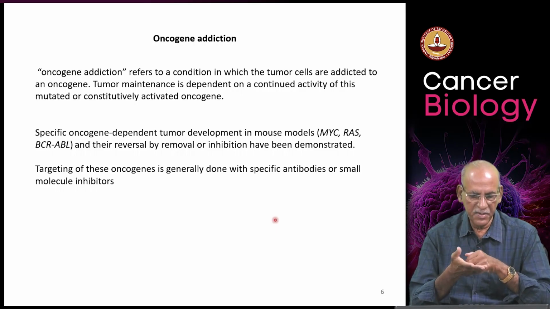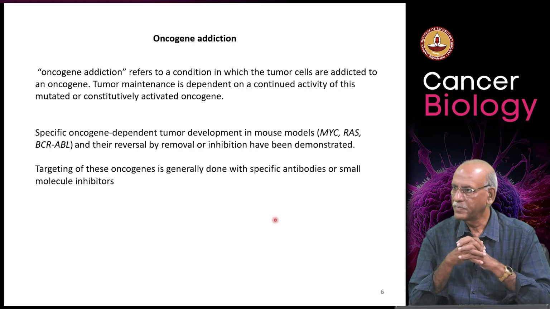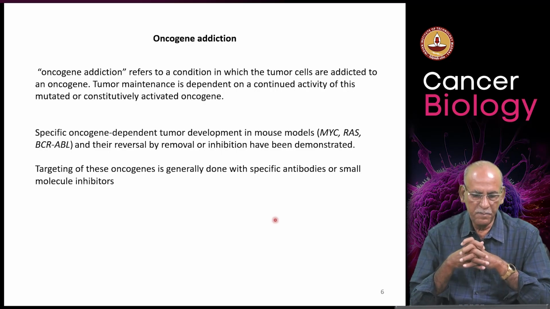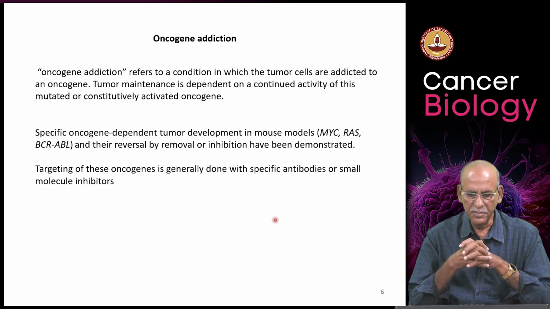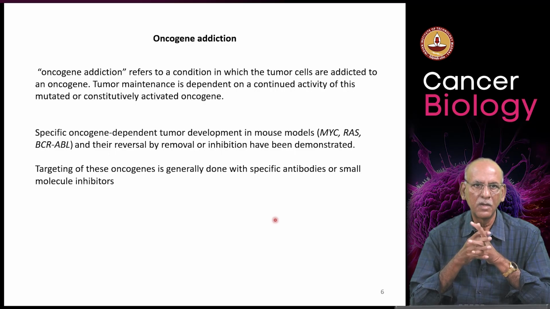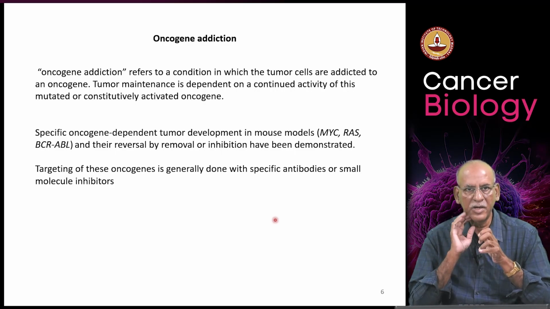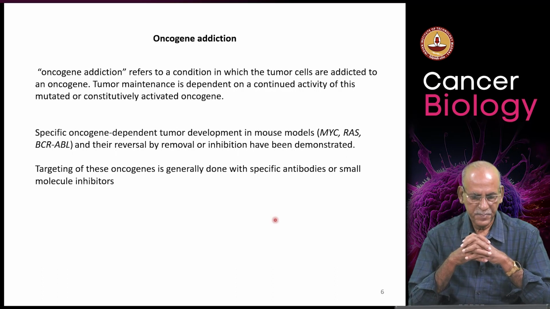The other example given here is the so-called BCR-ABL, MYC, RAS and BCR-ABL I already told you. So, these have been shown in some mouse models, oncogene specific, oncogene dependent tumor development in mouse models has been demonstrated.